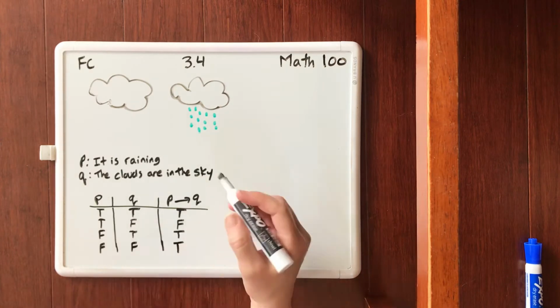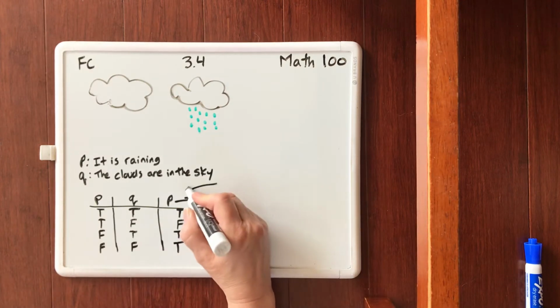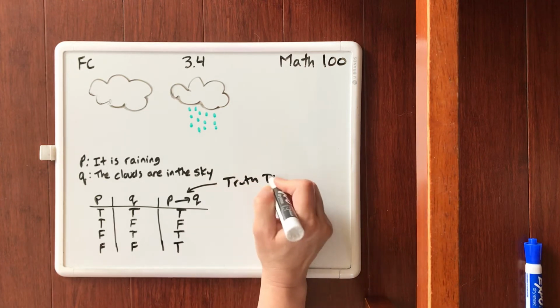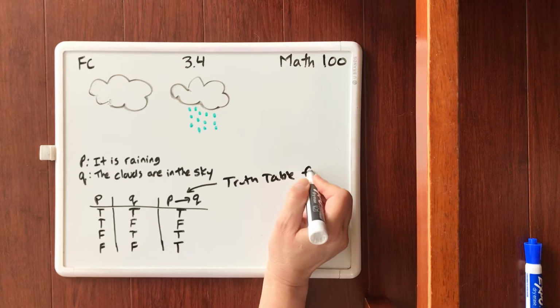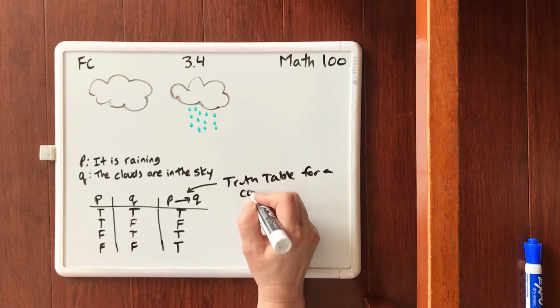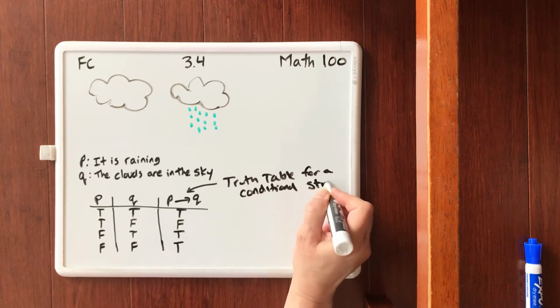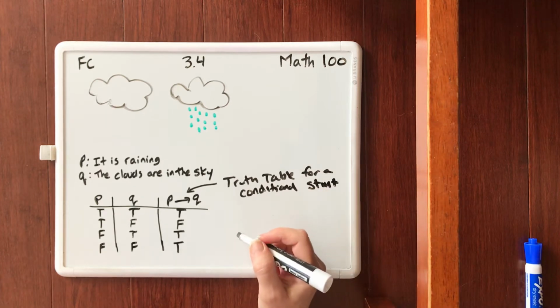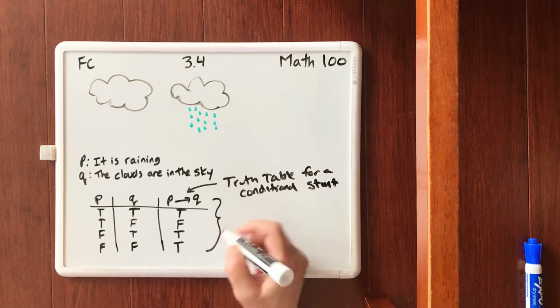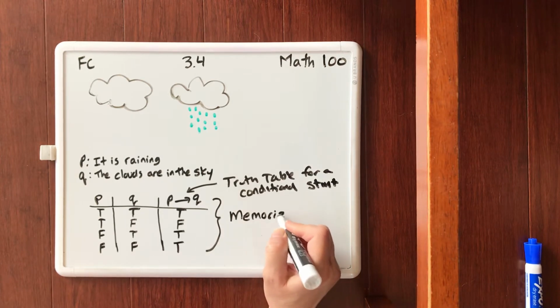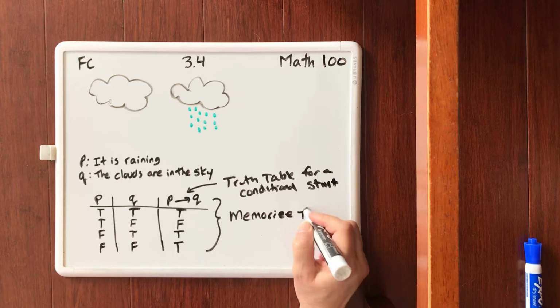Okay, so once again, this is a truth table for a conditional statement. It's best to memorize this table because we're going to use it a lot.